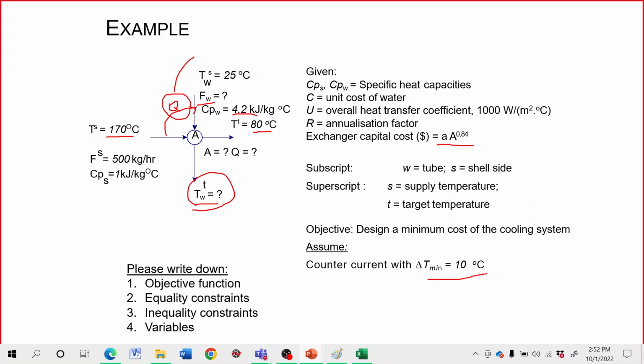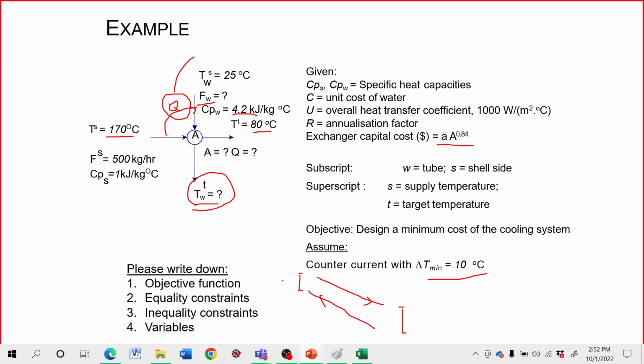You can also say, well, T minimum here, I put this T minimum as an assumption equals 10 degrees C. This T minimum is basically the minimum temperature difference, since it's counter current, so one goes this way and the other one goes that way. So the difference between this and that cannot be below 10, I mean, assume.